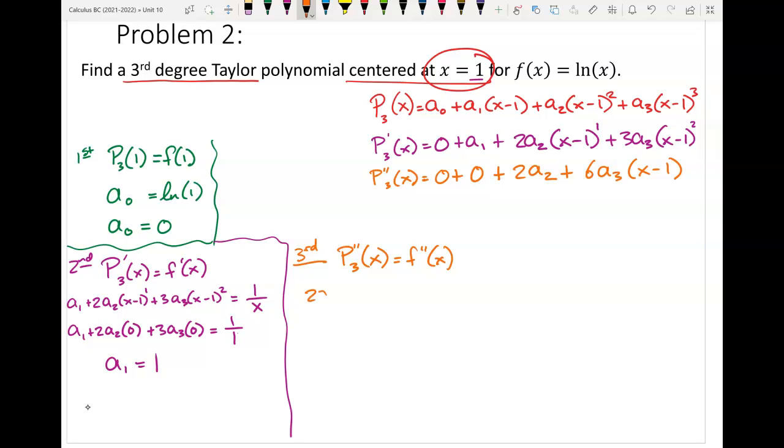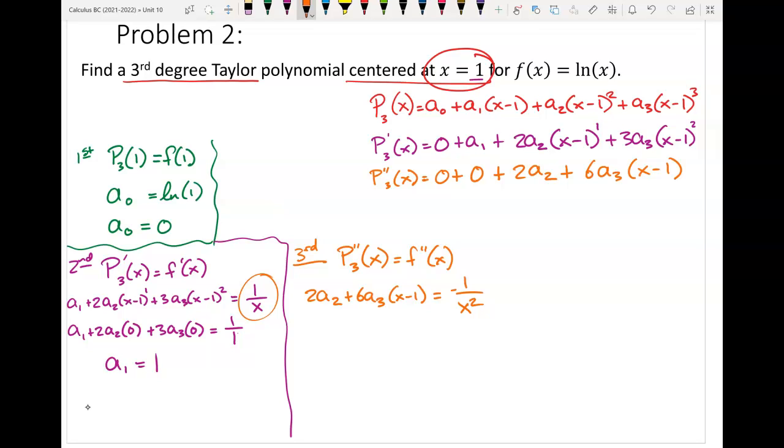We're just left with 2a sub 2 plus 6a sub 3 times x minus 1 equal to, and then I want to take the derivative of that. So if f prime is equal to x to the negative 1, then f double prime would be negative 1 times x to the negative 2, or negative 1 over x squared.